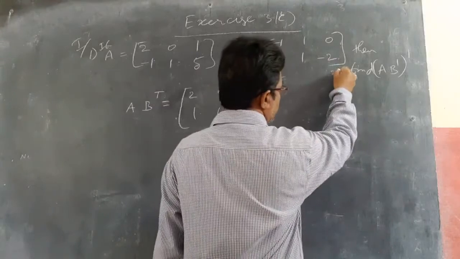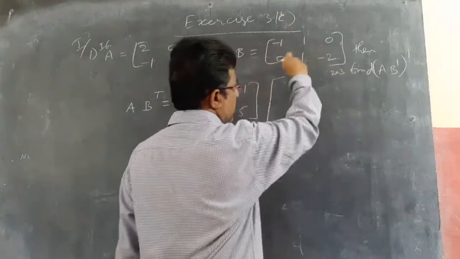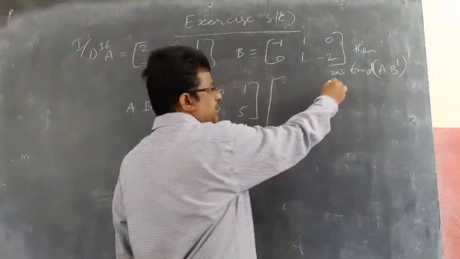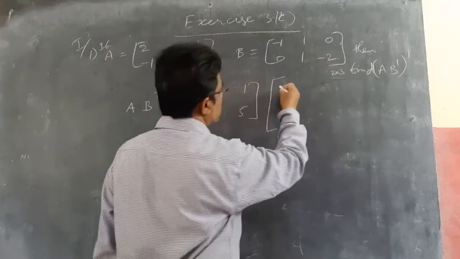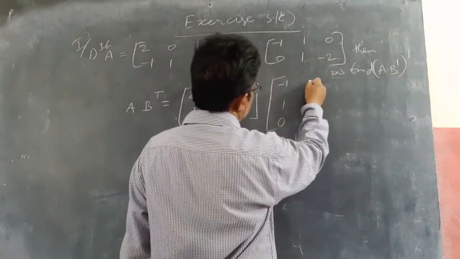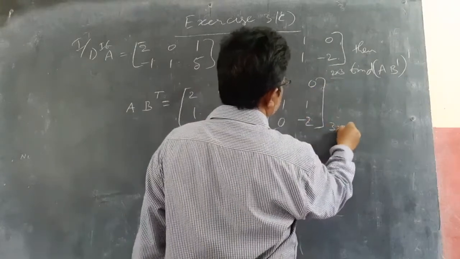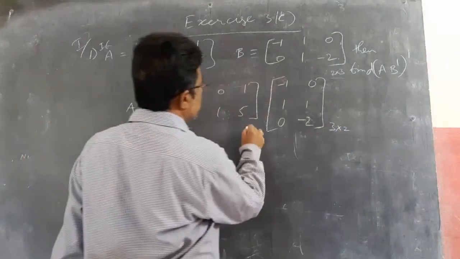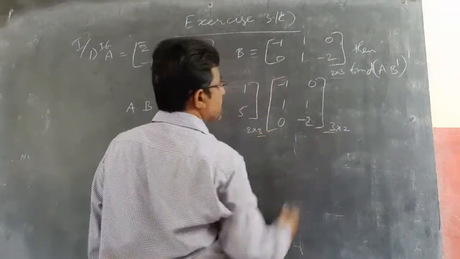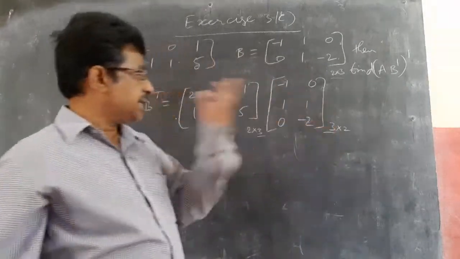B is a 2 by 3 matrix, so automatically it will convert to 3 by 2, because I am changing rows into columns. So minus 1, 1, 0 is the first row, and the second row is 0, 1, 2, changing to columns. So this becomes 3 by 2 and this is 2 by 3. So matrix multiplication is possible because the number of columns equals the number of rows, and the resultant is 2 by 2.